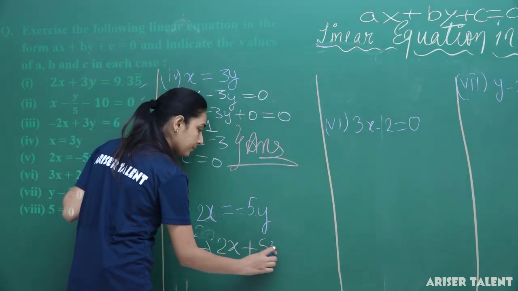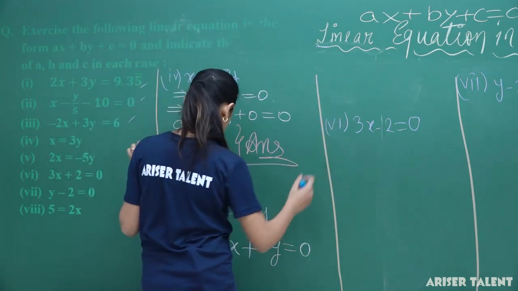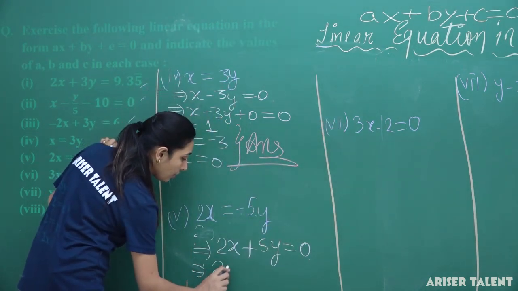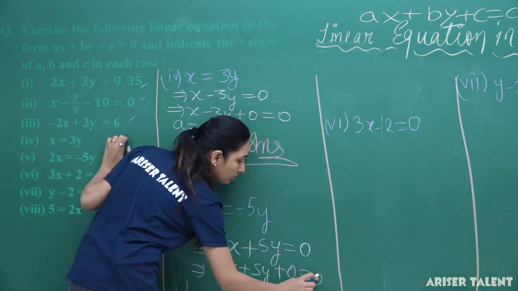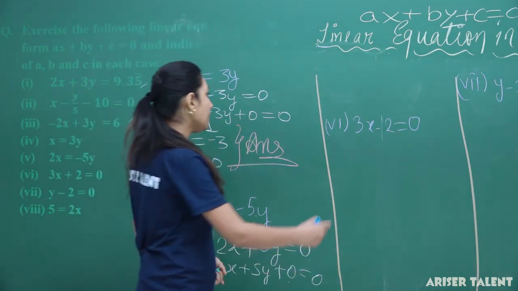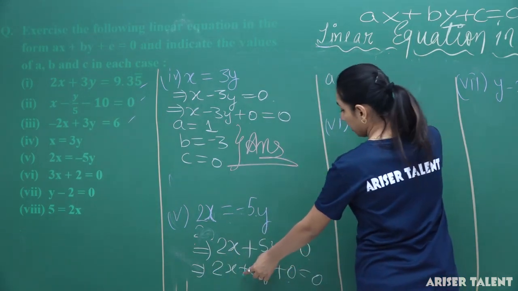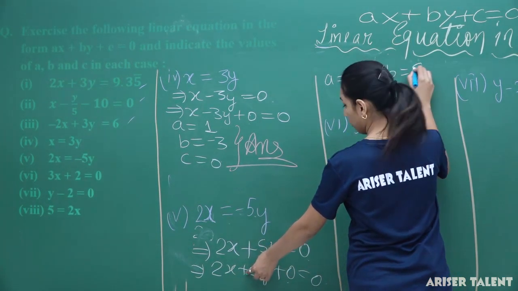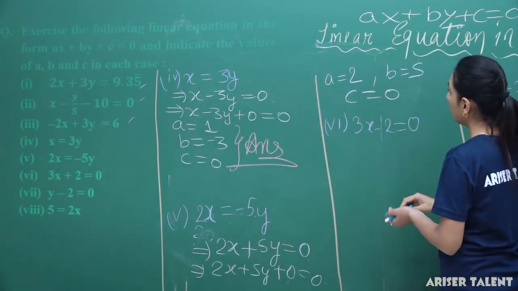So plus 5y equals to 0. Now that can be written as 2x plus 5y plus 0 equals to 0. From here you can easily get a equals to 2, b equals to 5 and c equals to 0.